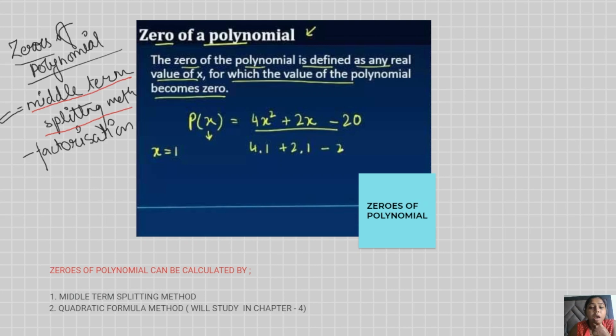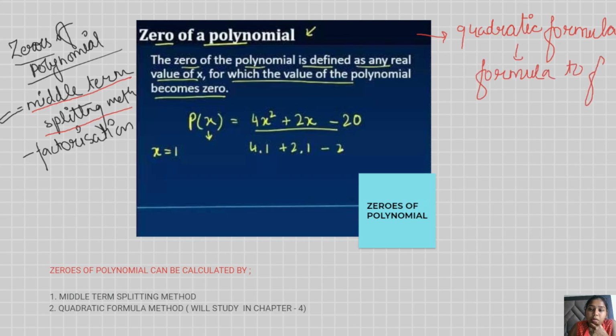There is another method to find the zeros of polynomial that we call the quadratic formula. Basically, a quadratic formula is a formula used to find the zeros for quadratic equations only. What do you mean by quadratic equations?